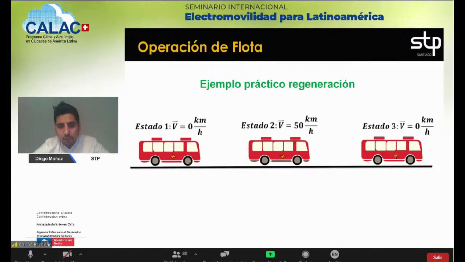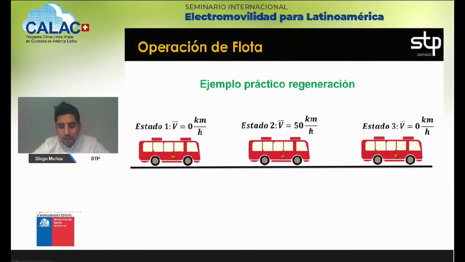And just to finish, I want to show you an example of the fleet operation. We wanted to check the difference regarding regeneration. Basically, we considered having the bus at zero and then at 50 and then stopping it completely.